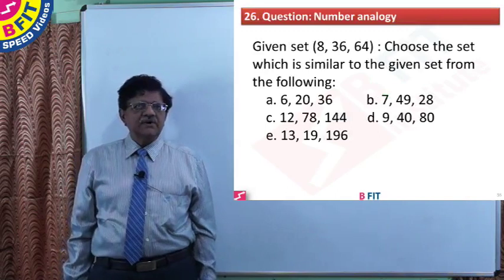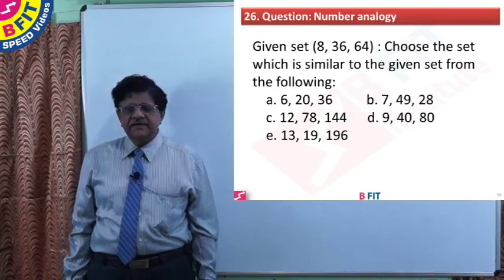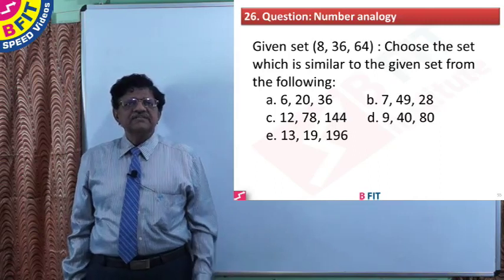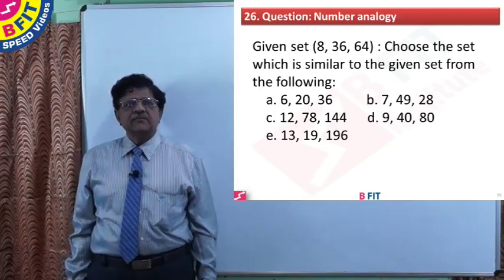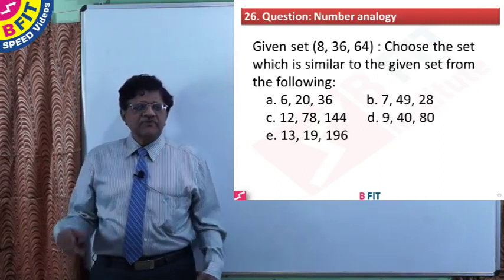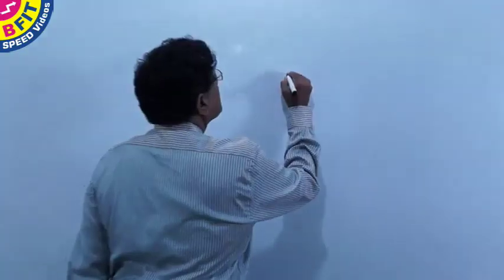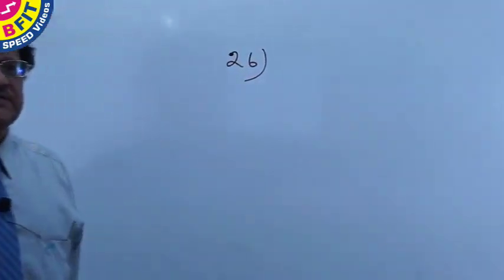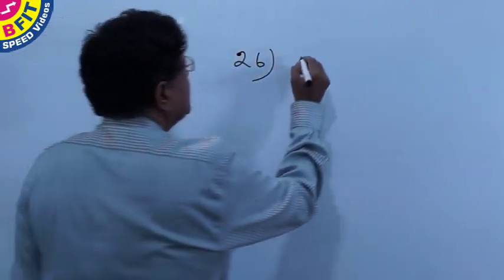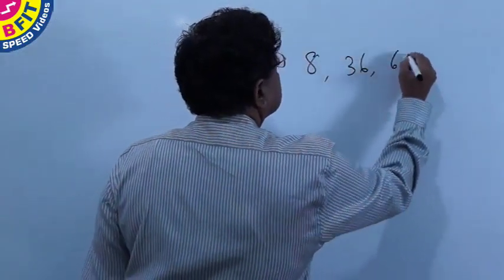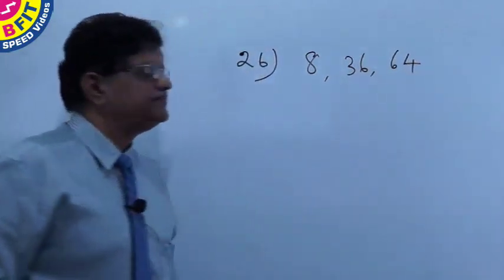Again, this is based on numbers. Given a set 8, 36, 64, choose the set which is similar to the given set from the following. They have given a large group of numbers. We will do the working. Question number 26. The given set is 8, 36, 64.